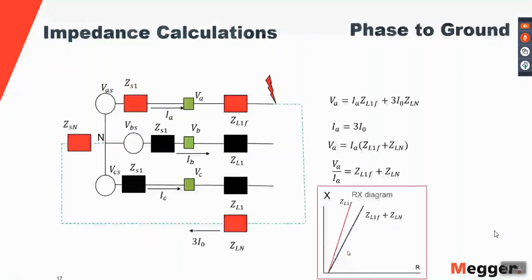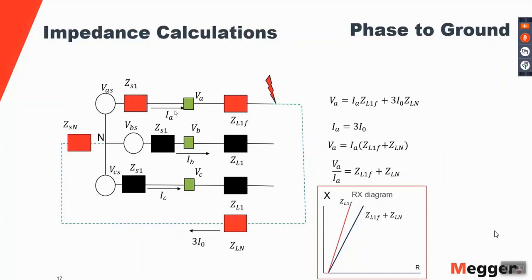In the case of the phase-to-ground fault, it's a little bit trickier, and we're going to spend a little bit more time on this one because of the effect that this type of fault has on the selectivity of these systems, and also because we are going to talk about the compensation methods that are used for this type of fault.